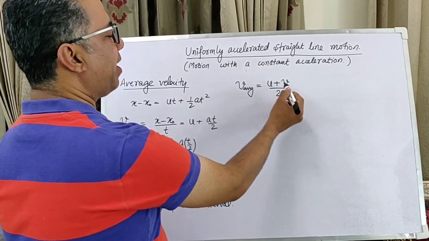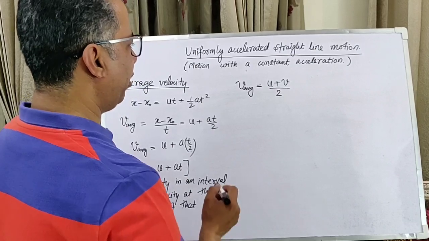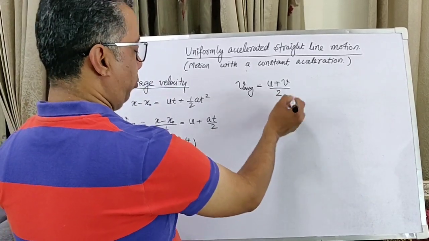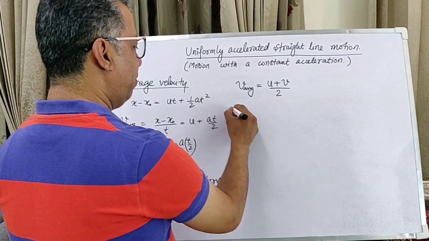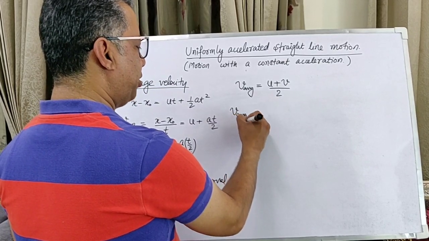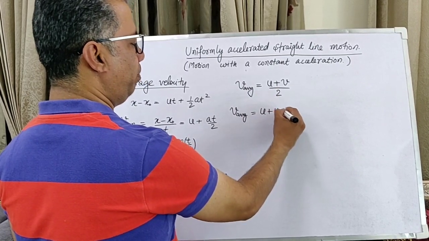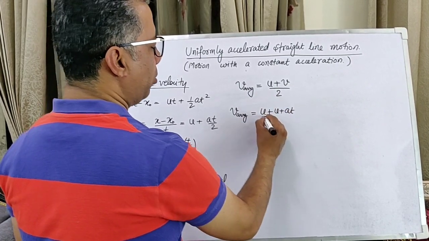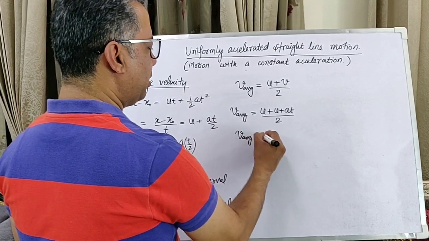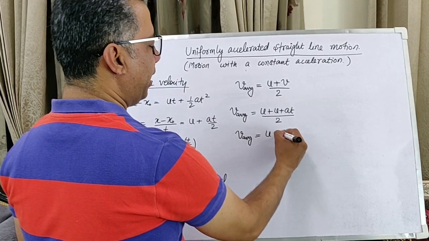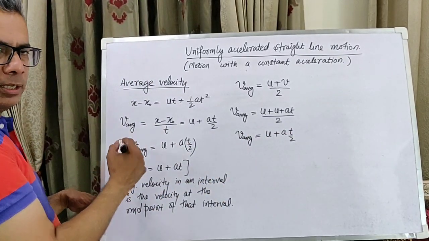You can check this out. v is u plus at, so we are saying v average is equal to u plus v, which is u plus at, whole thing divided by 2, and we get v average equals u plus at by 2, which we know is the average velocity.